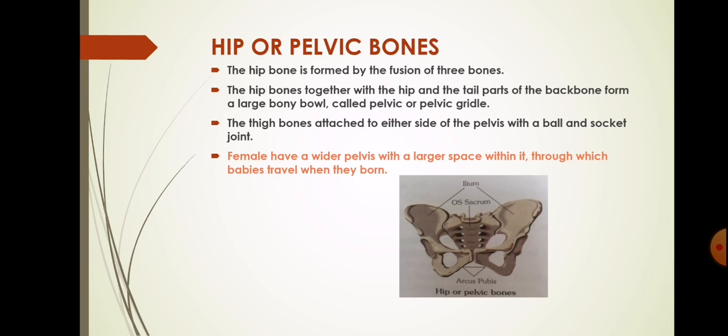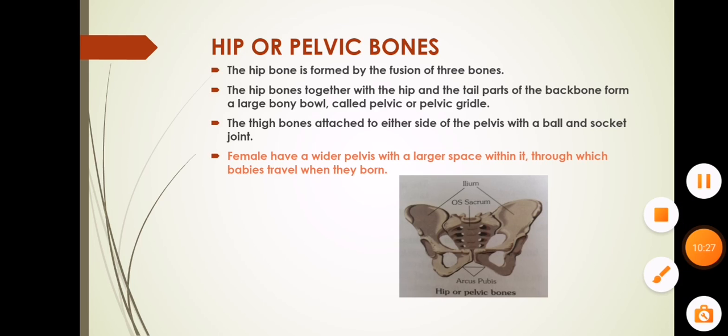When we sit, that part is nothing but your hip bone, and this part gets attached to either side of the thigh with a ball and socket joint.